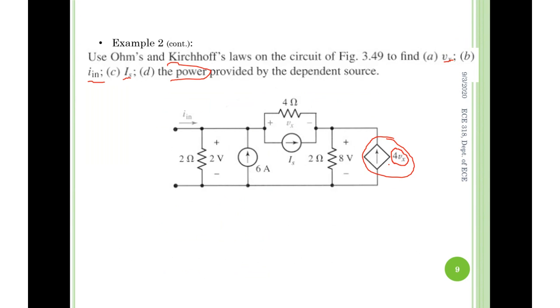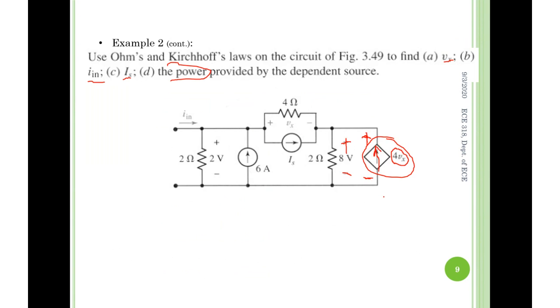Excellent. 8 volts right across it. Connor got the correct answer. Good. So 8 volts is the voltage with this polarity. Again, it's about polarity. Okay, it's very important. And the current is 4Vx upward.